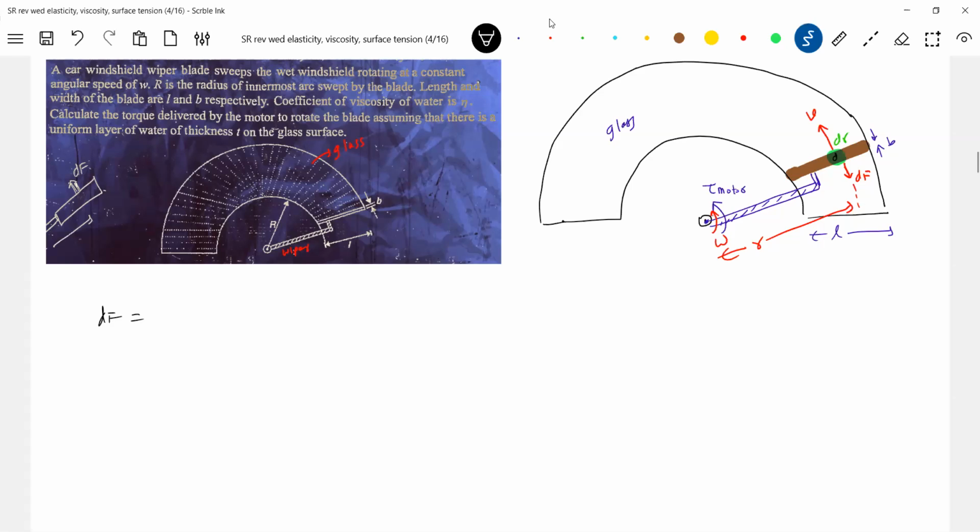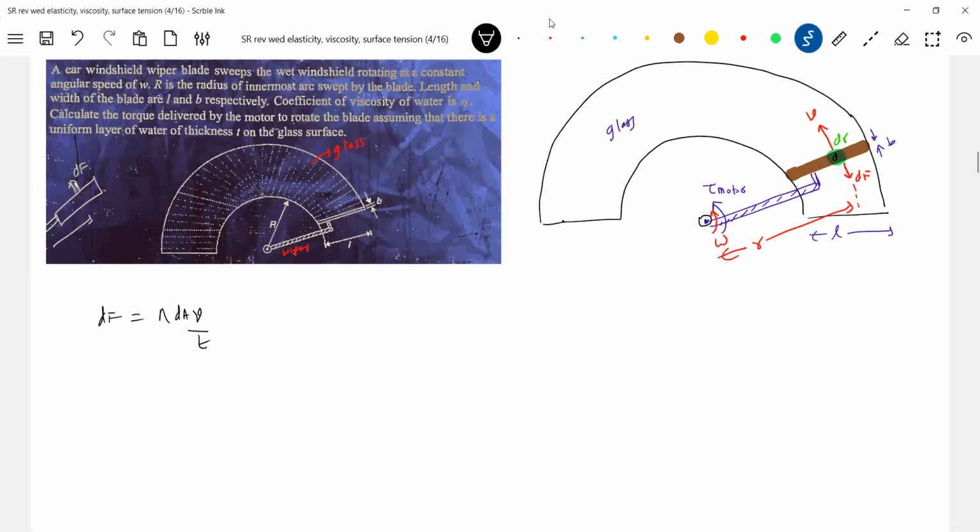Viscous force. dF should be equal to eta dA, velocity is V. There is a uniform layer of water of thickness T on the glass surface. So shall I put that T here?